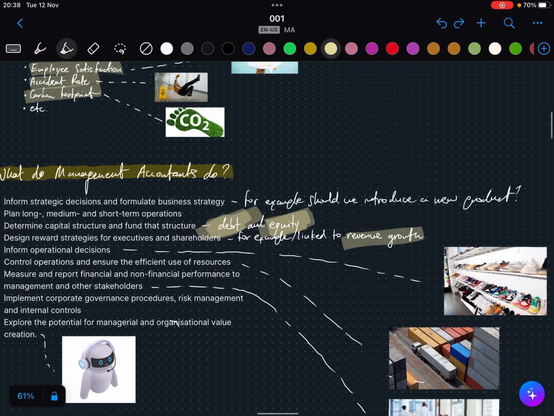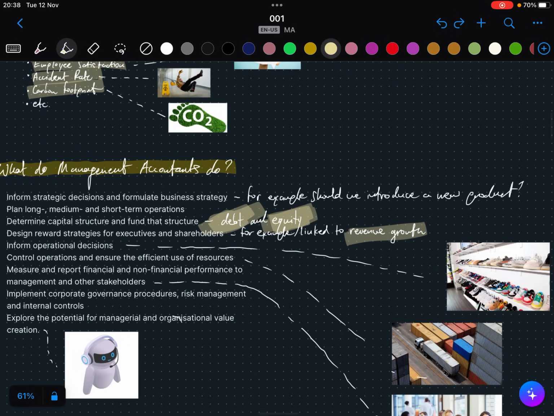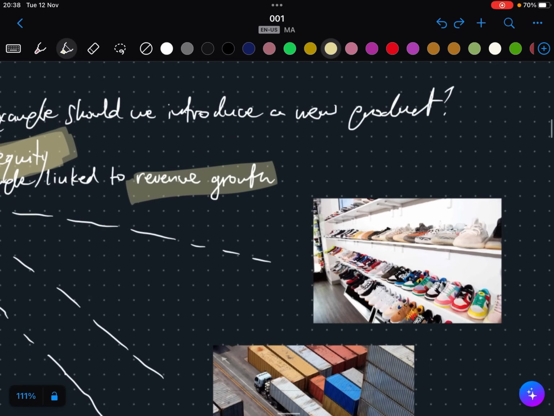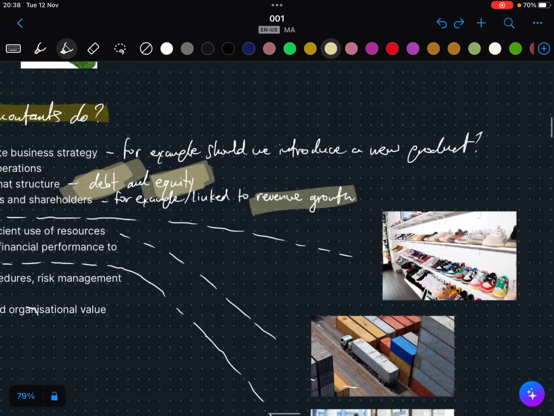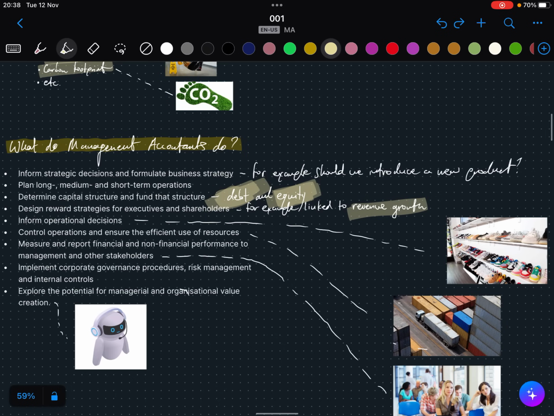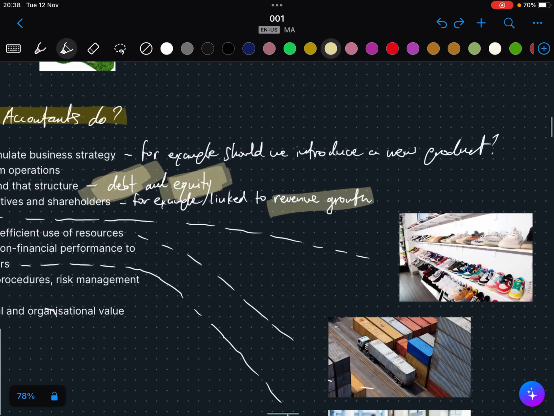Informing operational decisions. If we think of a retail chain, such as one that sells shoes, the management accountant working there could take a look into the real-time sales, the historical sales data, inventory data, and other types of data to make pricing decisions.